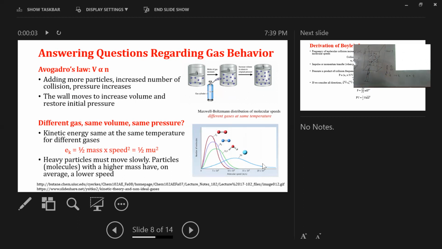So if we have a small volume, we have here 1, 2, 3, 6, 7, or maybe 8 molecules, just 1/3 of the container.